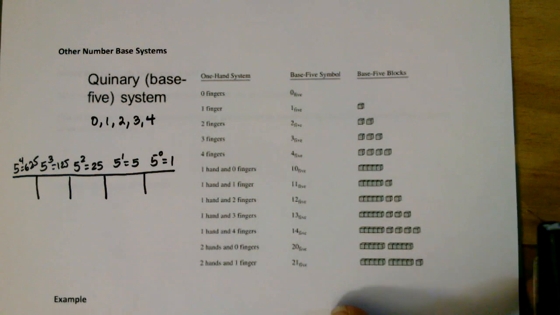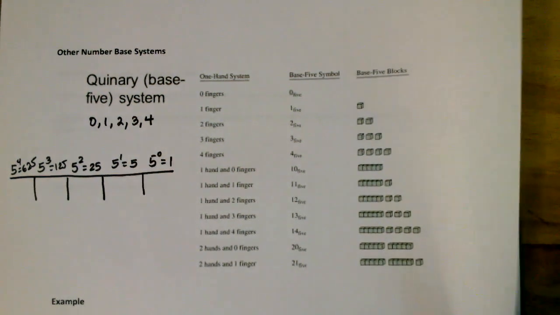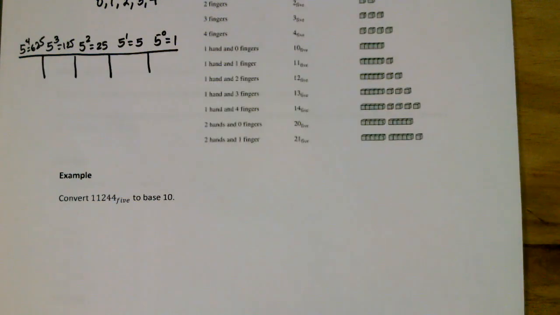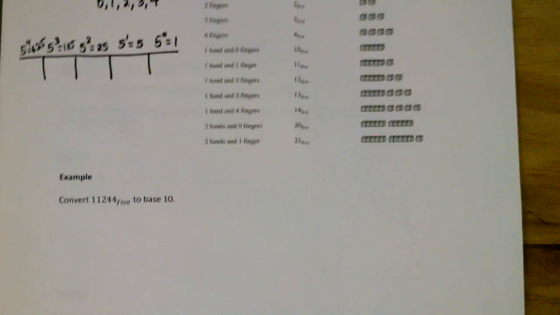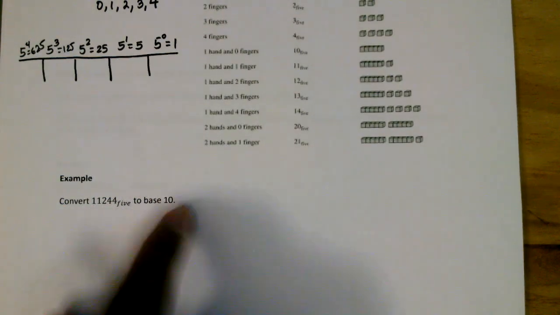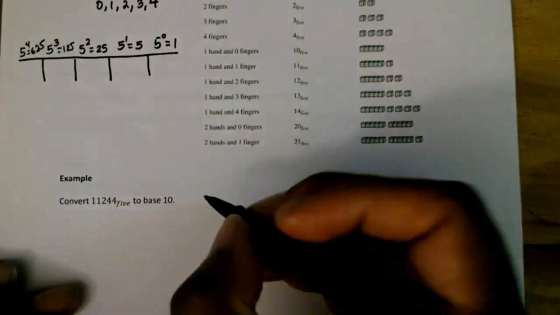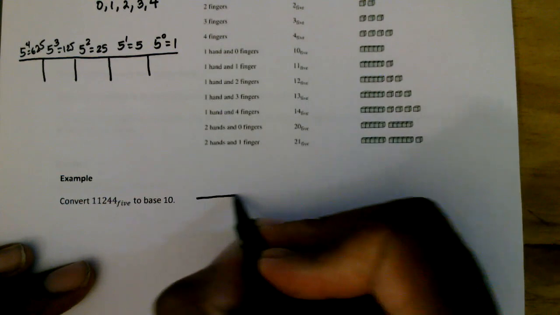All right, now let me show you what I mean by that. Let's say I want to convert 11244 base 5 to base 10. It's already in base 5. We just want to use this place value chart to convert that to base 10.